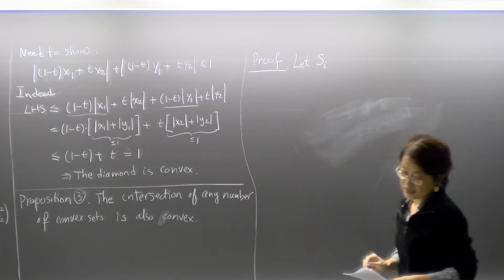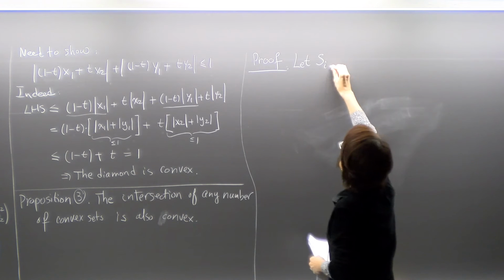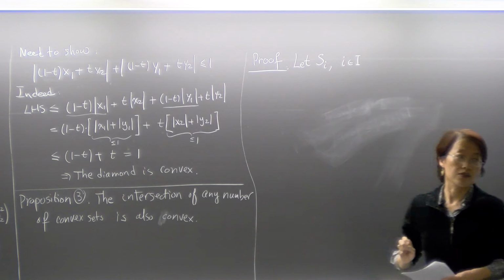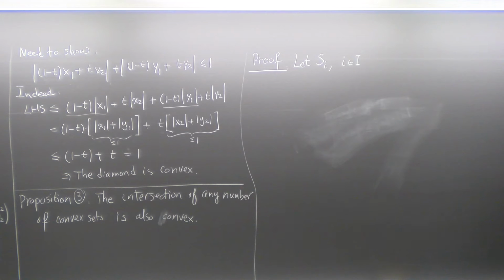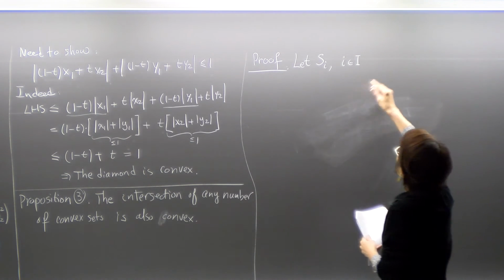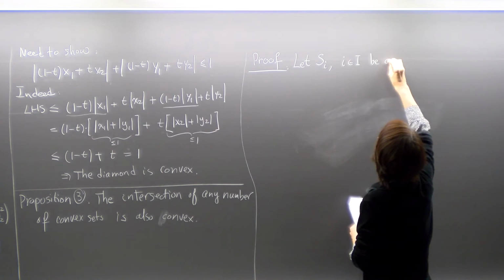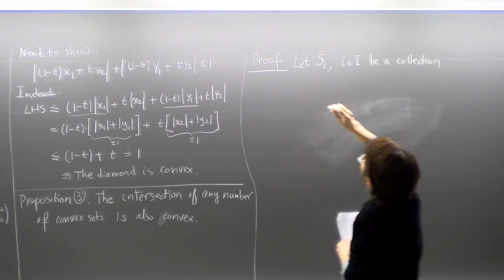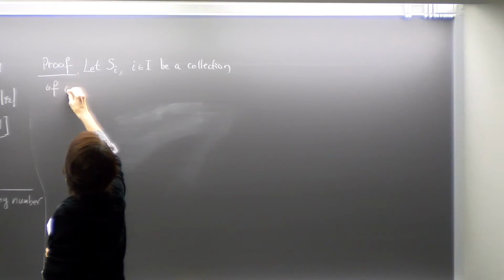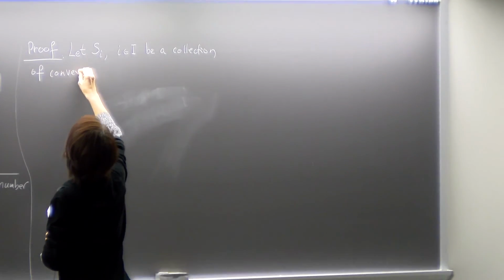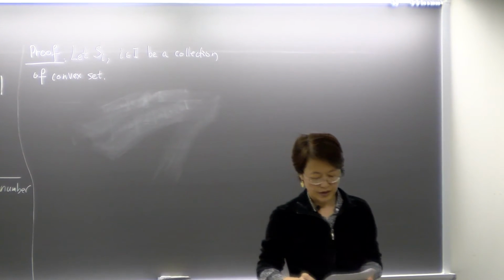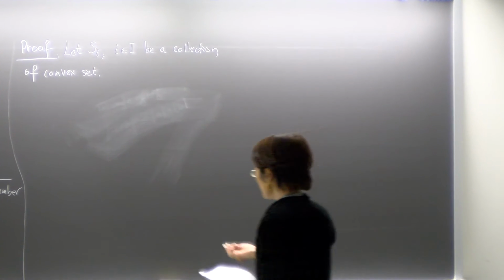Each one has an index i, where this i just belongs to a set of indices, maybe from 1 to 10, 1 to 100, some index set. That's called capital I, for the index. Let this be a collection of convex sets. So each of them is convex.